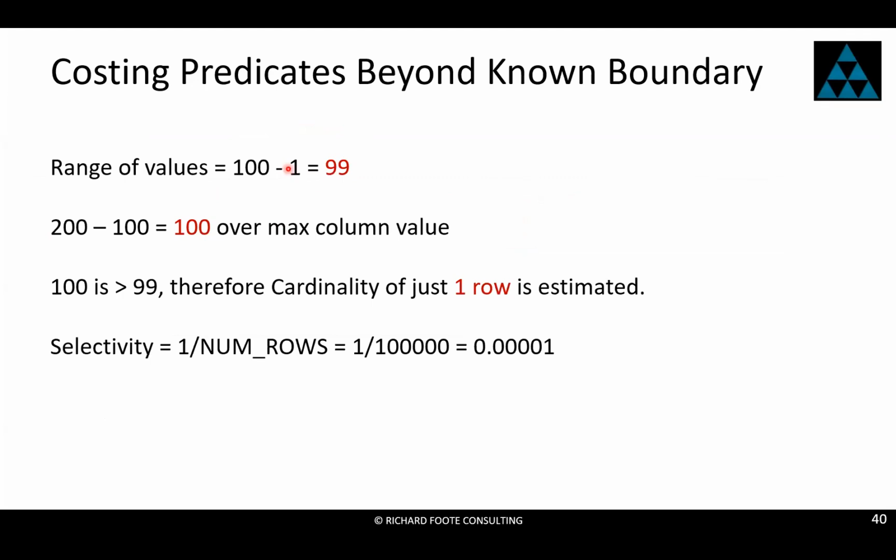And the difference here is because my total range of values is 99, and because I'm 100 over that, I'm past that threshold, which means I'm going to reduce selectivity down to just 1 row. And 1 row is just 1/100th of the data. And for that, I will absolutely use my index. So these minimum and maximum boundaries are critical to the optimizer because it bases a lot of its calculations on that.